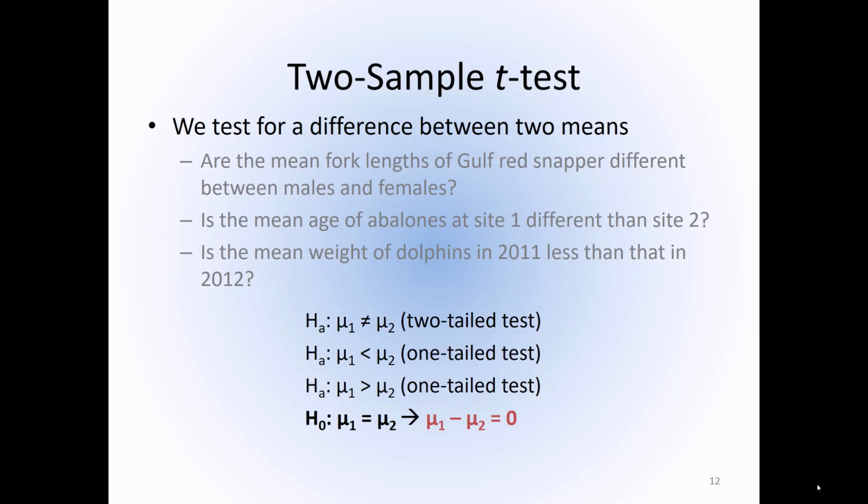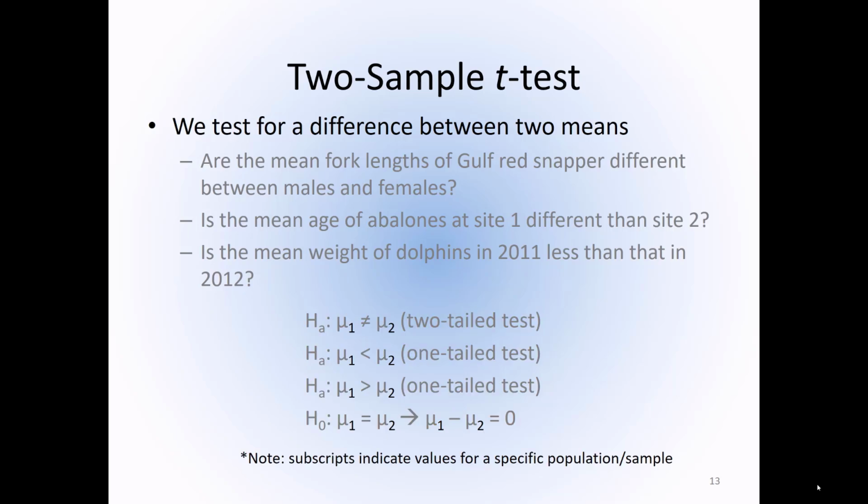Something important to note here is that we're denoting the different samples with subscripts. This is going to be important moving forward so that we can keep track of which values are related to which samples. For this two-sample t-test, it may be less critical, but as we move forward into some of the other statistical tests, keeping track of which sample has which data is going to be really important.